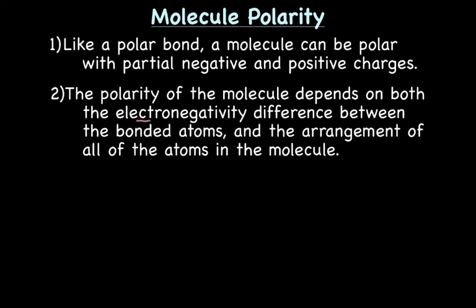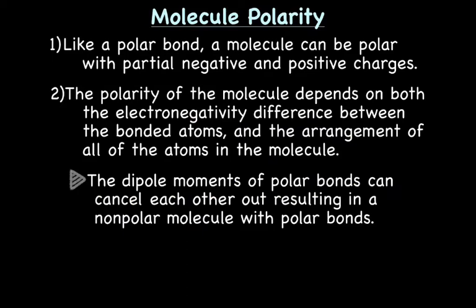It depends on the electronegativity differences between the bonded atoms, and the new thing is the arrangement of all of the atoms in the molecule. I'll show you an example of that in a moment. The dipole moments of polar bonds can cancel each other out, resulting in a nonpolar molecule with polar bonds. Now let's try a couple examples of molecules with polar bonds and see how we do.